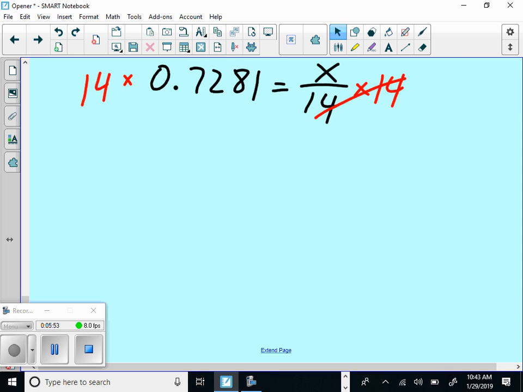On the left side, you have a small calculation. Hopefully you got a calculator. If not, you can just go to Google and just type in a math problem. Google will turn into a calculator for you. So 14 times 0.7281, we should get 10.1934 is equal to x. All right, those are the 2 types of problems we are practicing today.